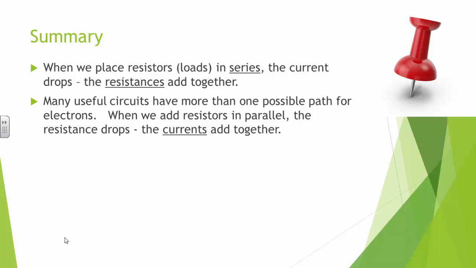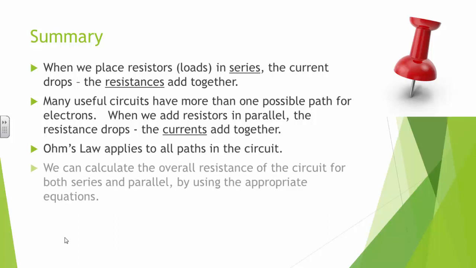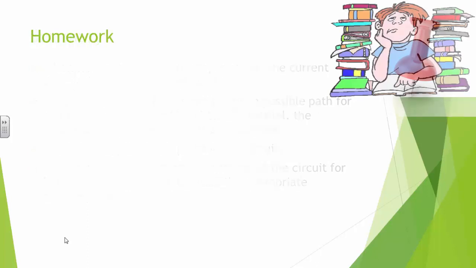This is because the currents add together. Ohm's law applies to all paths in a circuit, even a parallel circuit. But we don't have to use Ohm's law all the time. We have two new equations for calculating the overall resistance of the circuit, both in series and parallel. We just have to make sure we use the right equation for the right time.